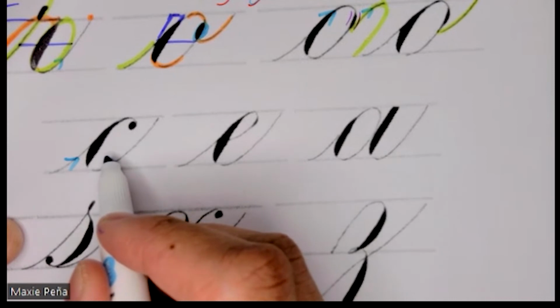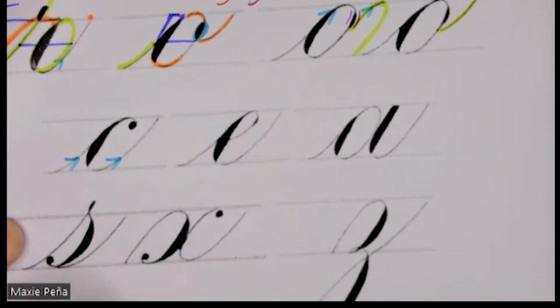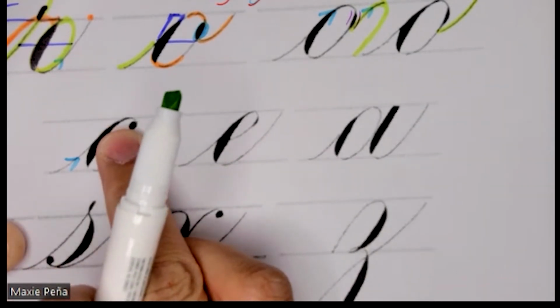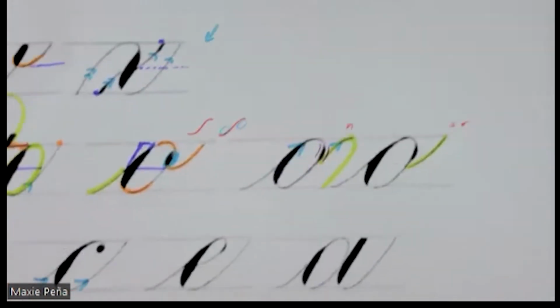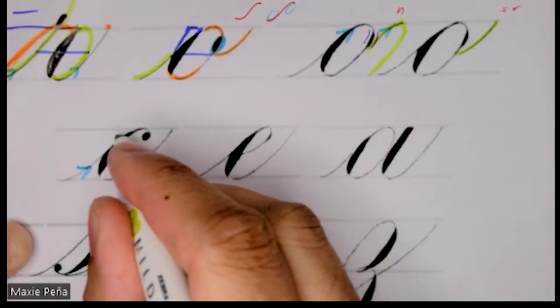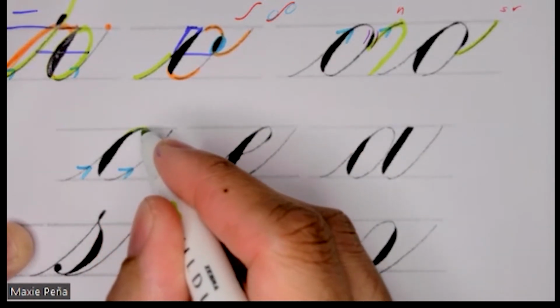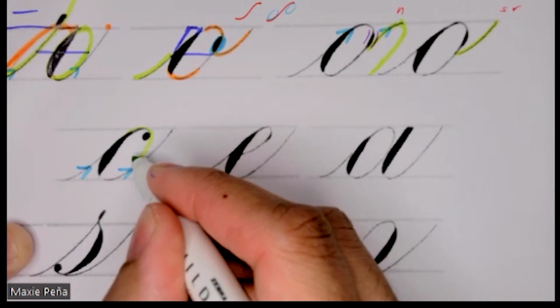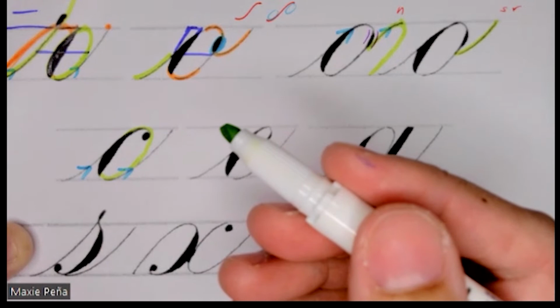When you're exiting the letter, make sure that you're looking at your entry and keeping it parallel. And this should look familiar. We've used this up for your R over here. You are just retracing. So first I would do the shade and then I would retrace up top, retracing an oval that you can fit here.